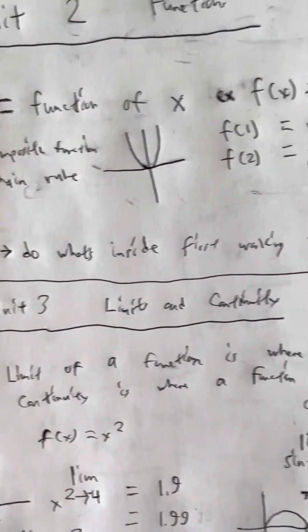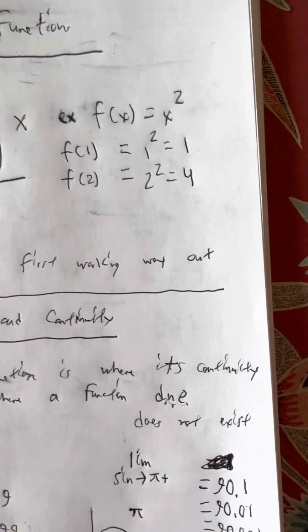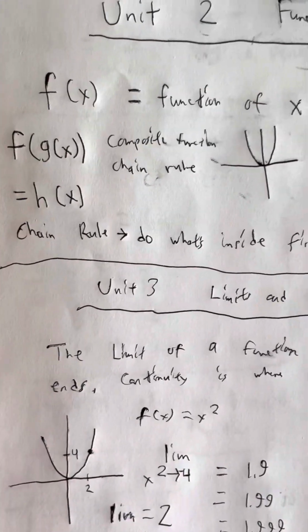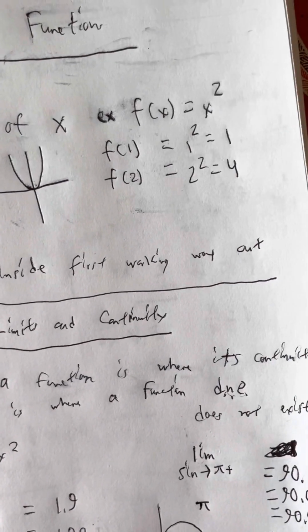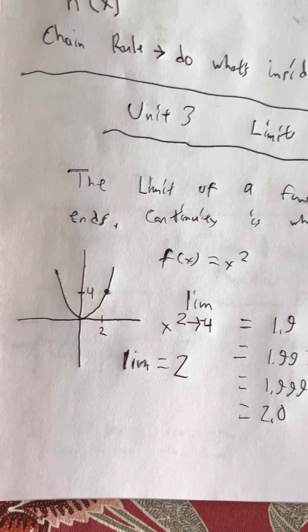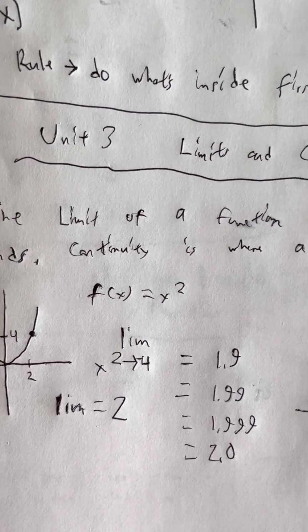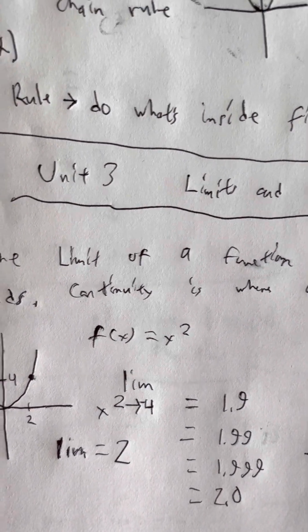Unit 3, limits and continuity. The limit of a function is when its continuity ends. Continuity is when a function does not exist, DNE. You'll learn about that later. f of x equals x squared. Limit of x squared as x approaches 2.